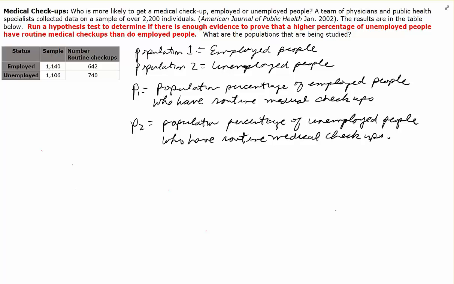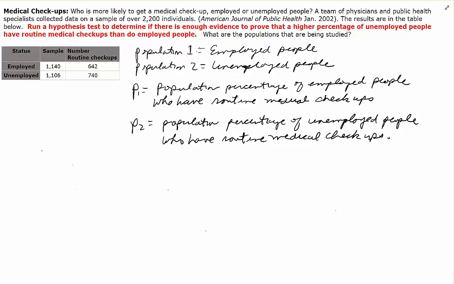We saw that there was strong evidence in the confidence interval that the difference between these population percentages was negative, indicating that the percentage of unemployed people that have routine medical checkups was greater than the percentage of employed people.